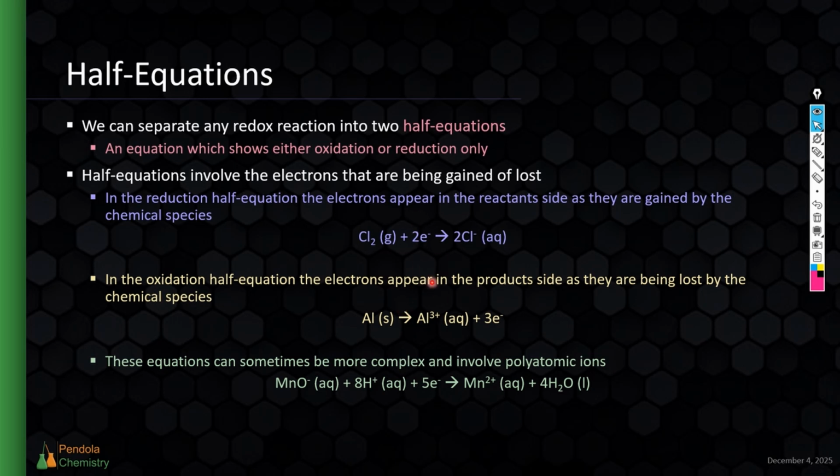So the half equations show the distinct process, the reduction, which is the gain of electrons, meaning they're going to be a reactant, or the oxidation, which is the loss of electrons, meaning it's going to be a product. And then these equations can, in a lot of cases, be combined in order to form a full equation, which we'll look at later.